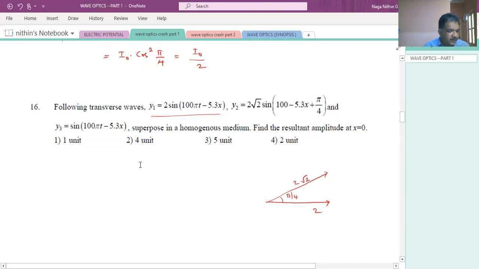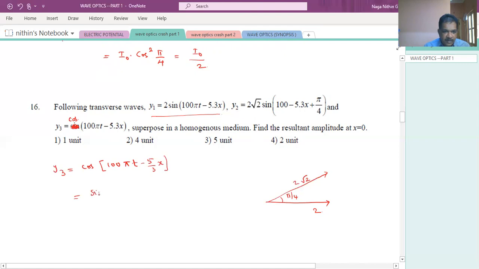Here actually, they gave a printing mistake. Here sine is not there. It will be cos. So this y3 is equal to cos of 100 pi t minus 5 by 3 x.